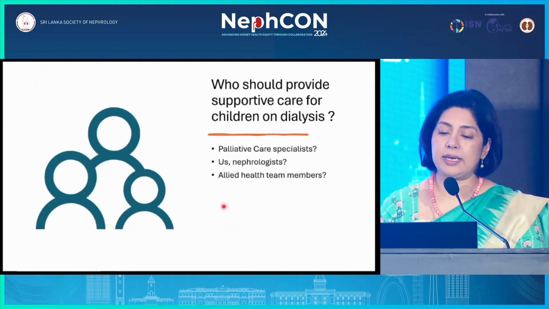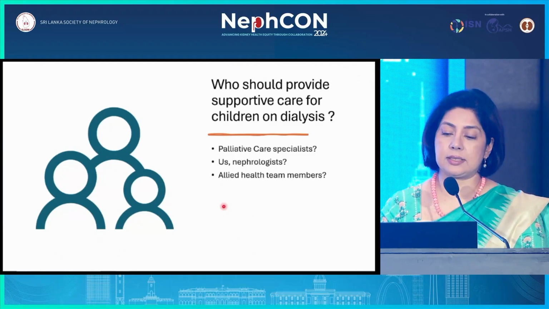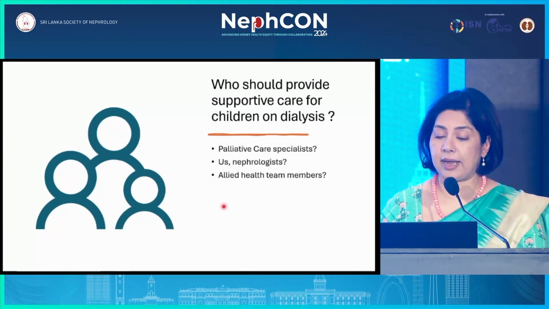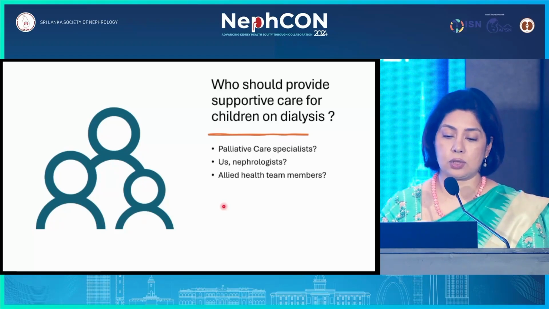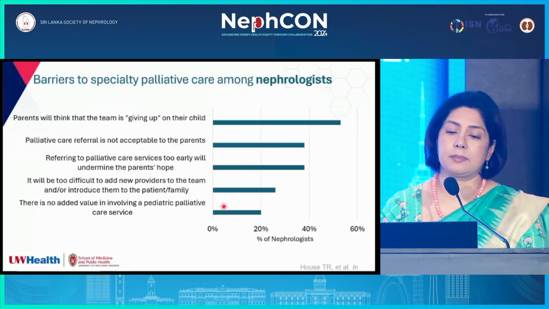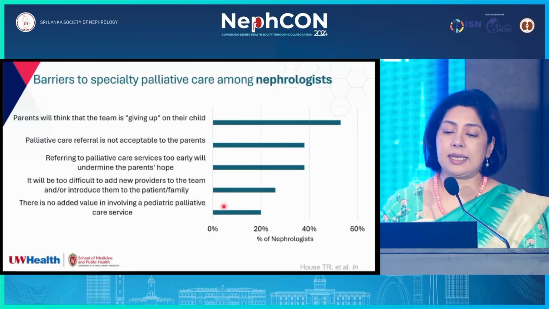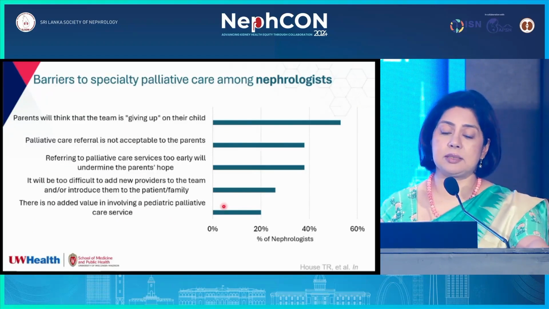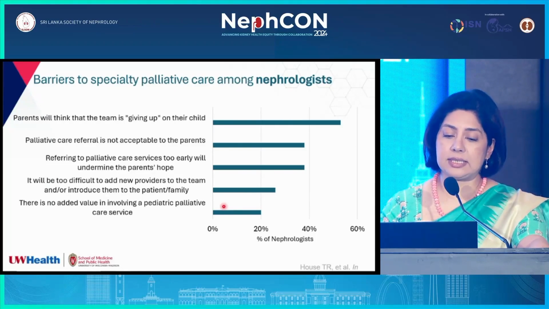So who should provide supportive care for children on dialysis? Is it the palliative care specialists? Is it us, nephrologists? Is it allied health team members, which we may or may not have access to, nurses, social workers, psychologists? We ourselves have barriers to sending our patients to specialist palliative care for the reasons that I mentioned.